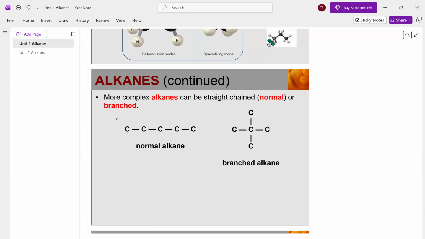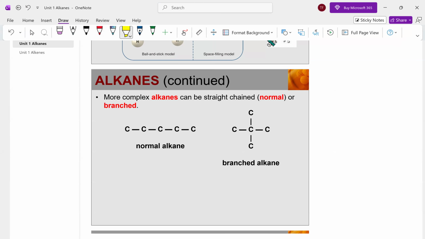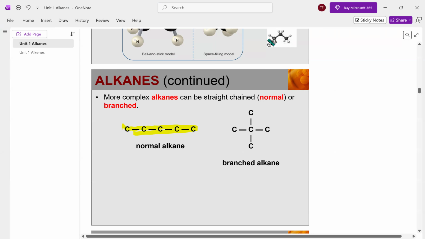So what I do is I take the marker and put yellow as the backbone. Now, anything that's not on the yellow backbone is called a branch. Now, sometimes we have primary backbones and secondary backbones. That's Unit 2 stuff. But for this Unit 1, there's only one backbone.